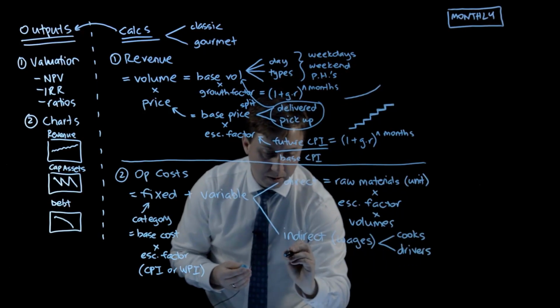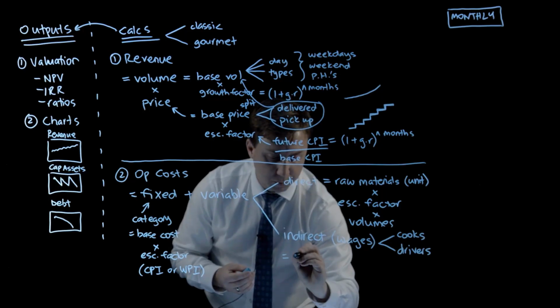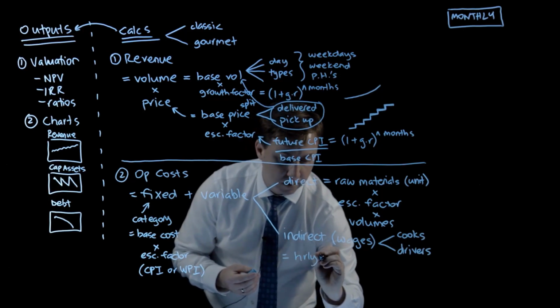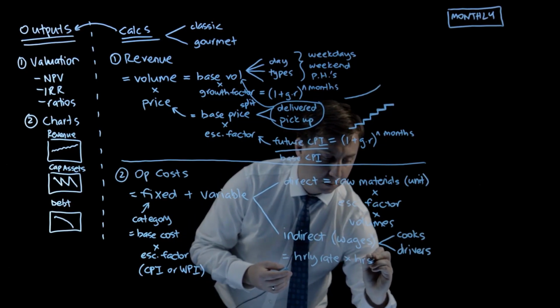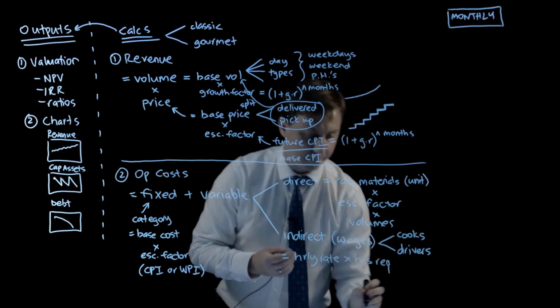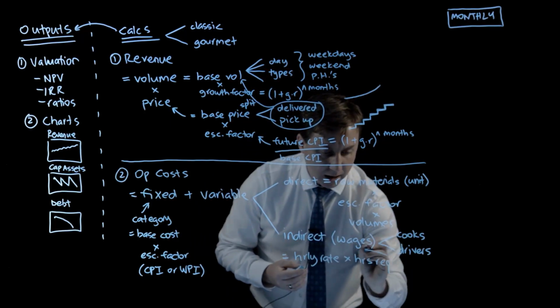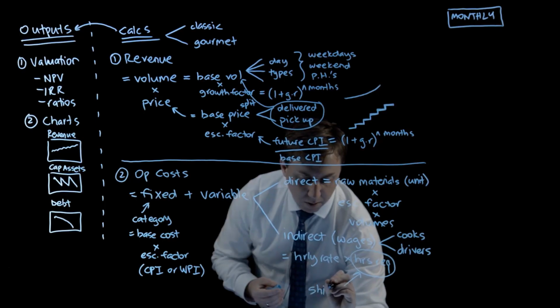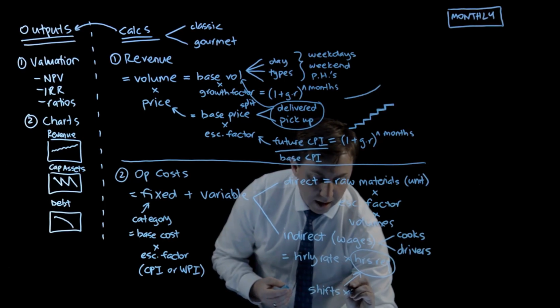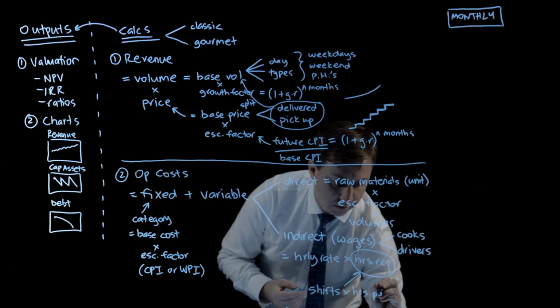And the way we will do it is our wages cost will be equal to an hourly rate for our cooks and drivers, multiplied by the hours that we require them to work. Now the way we'll work out our hours required is we will say how many shifts do our workers need to work and how many hours are there per shift.